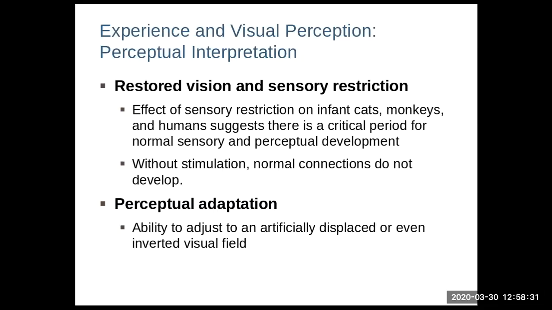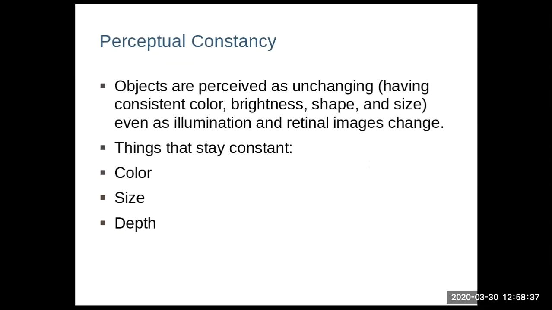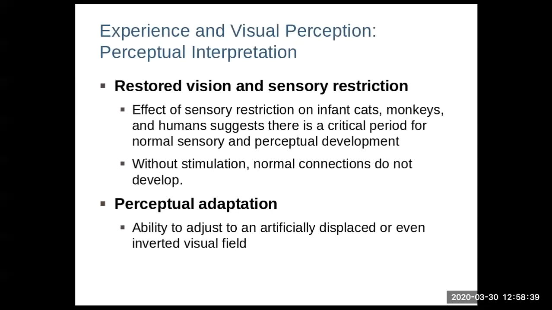And of course, not just perceptual constancy, we also have the ability to adapt. And I know I'm going to make some of you sad, because we've all seen those posts on social media that only 3% of people can replace numbers with letters, or adjust to a displaced or inverted visual field. If we see things backwards or mirror image or upside down, we can't really read the letters.